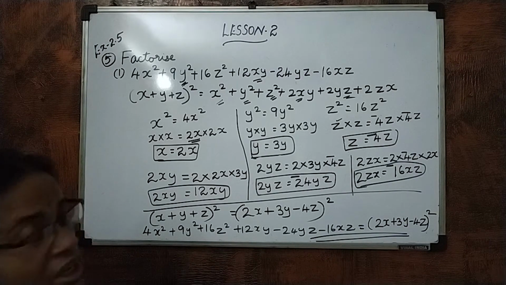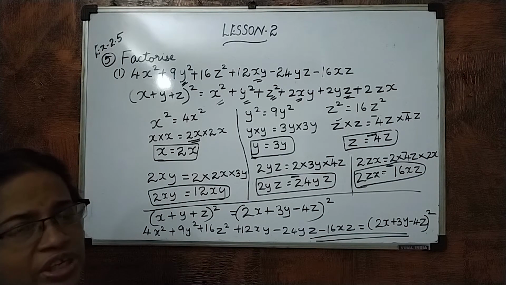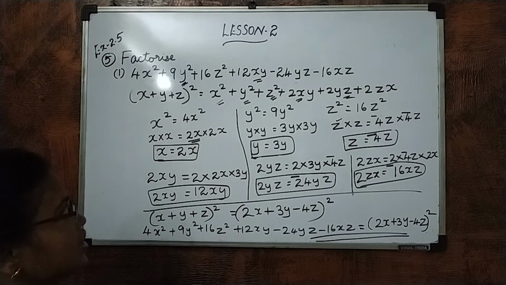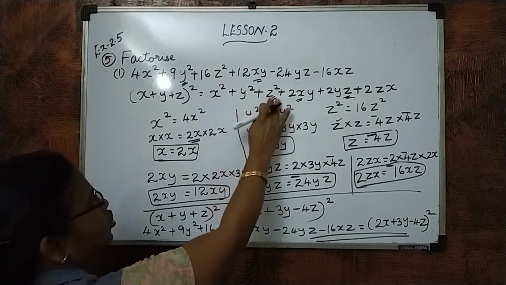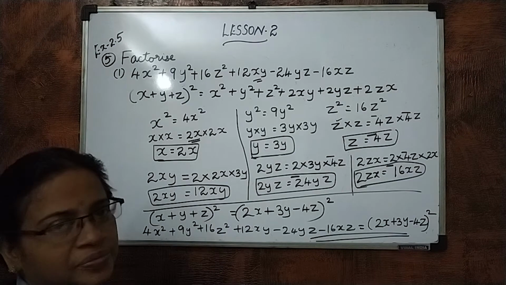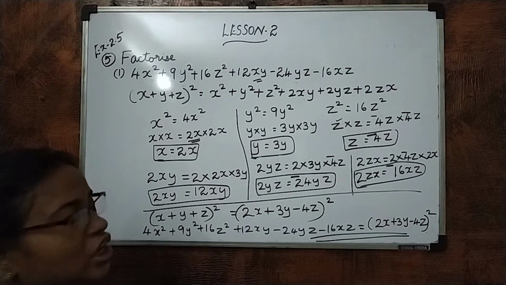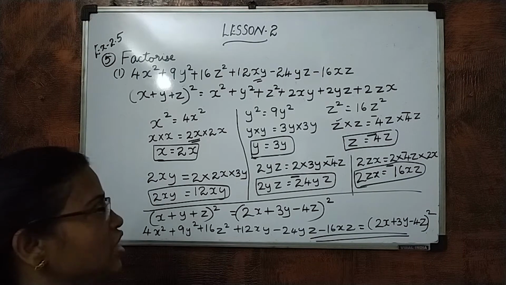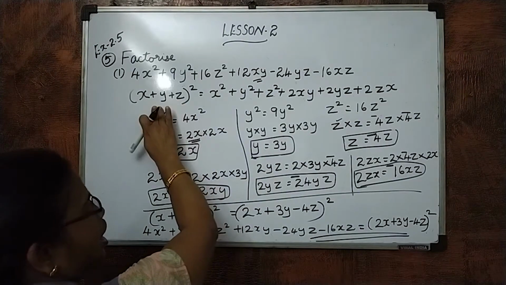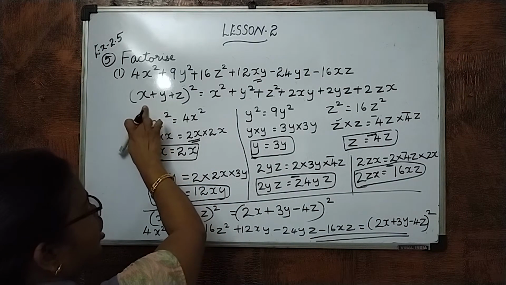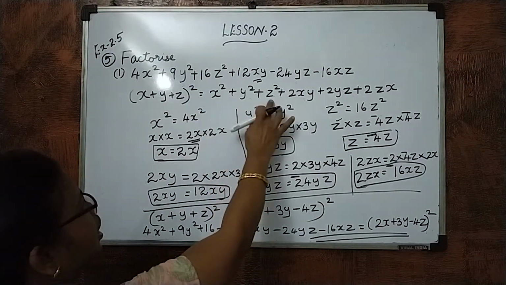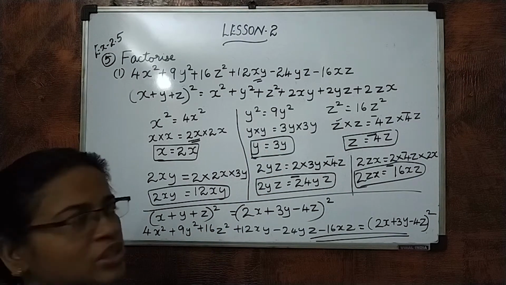In this question you have to find out where the negatives are and think about all these things. So first what should you do? Find out the identity, which identity you have. Here 6 terms are there, and with 6 terms we have only one identity. It is x plus y plus z the whole square. Then find out what you have to find from the question itself. Here they have given you the LHS, you have to find out the RHS. If you want the RHS, you have to find out what is x, what is y, what is z. They have given you x square, y square and z square, then 2xy, 2yz, 2zx.